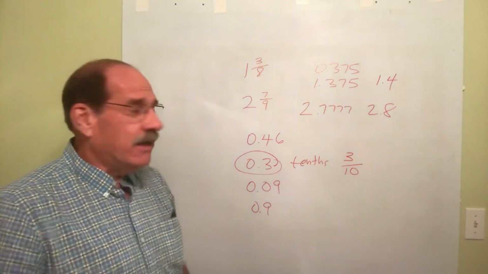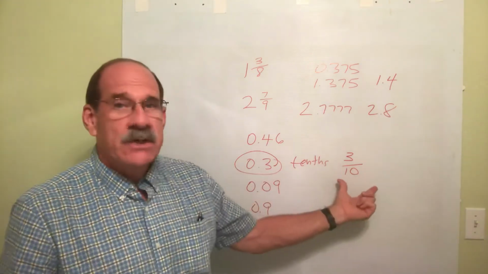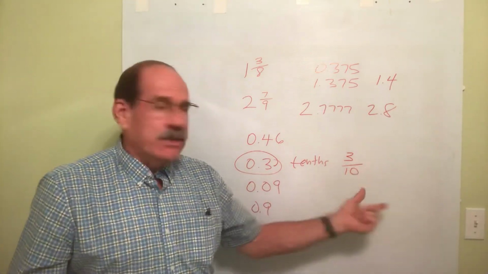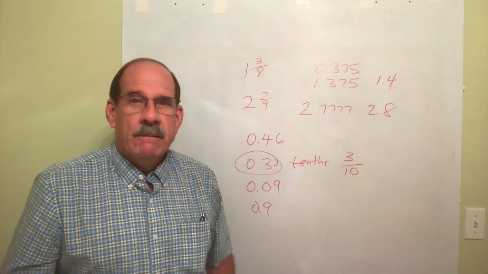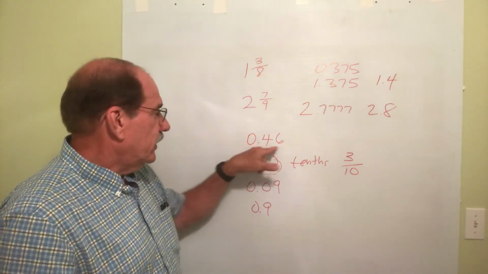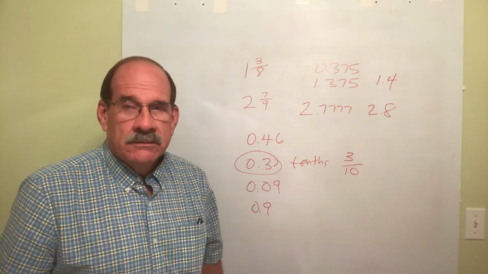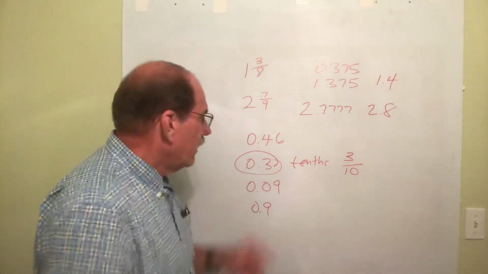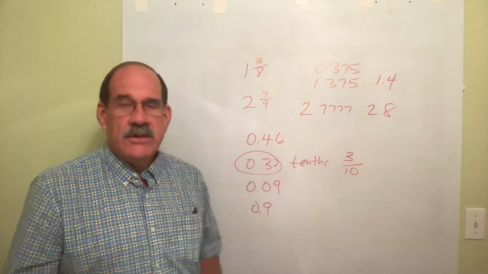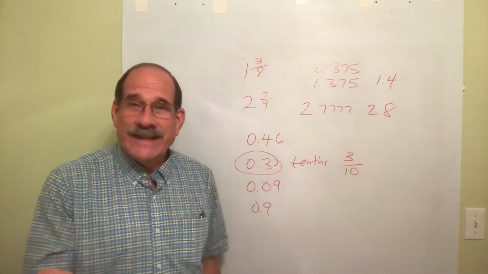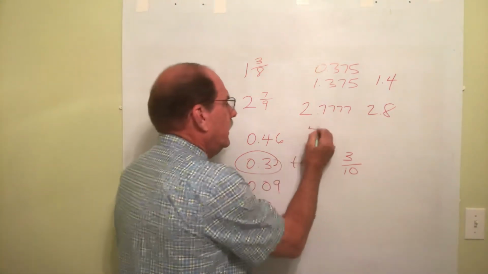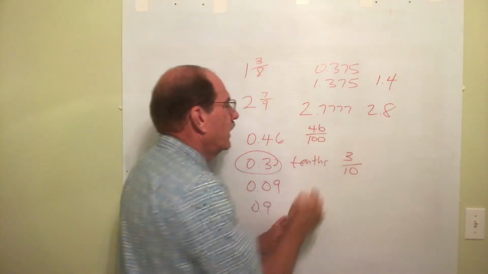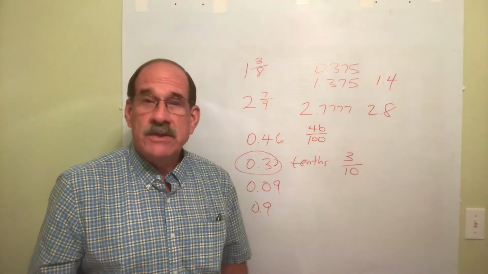I easily converted my decimal to a fraction by just writing it out the other way I could say it. What about 0.46? That's the way most people who sound intelligent say it. But you could say that as 46 hundredths. Well, write it that way. There we go, there's 46 hundredths as a fraction.